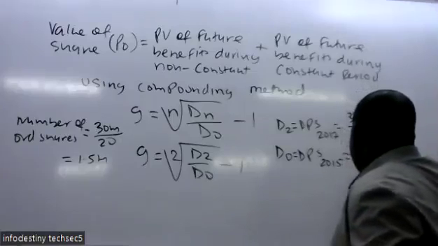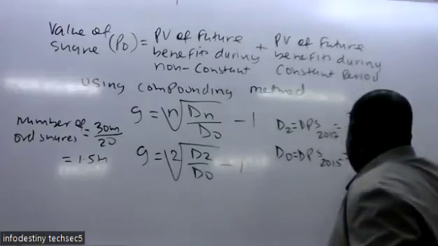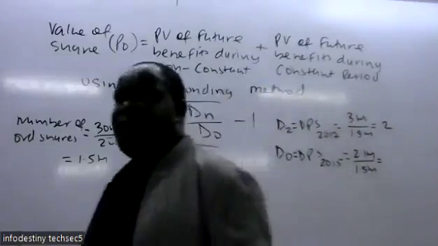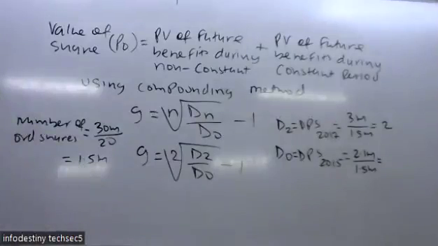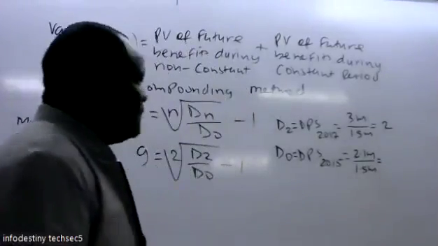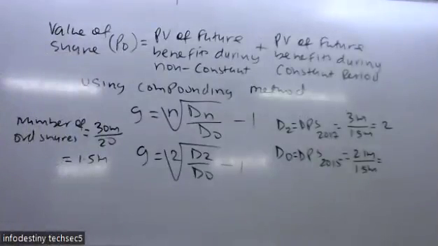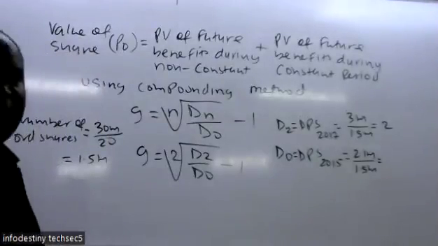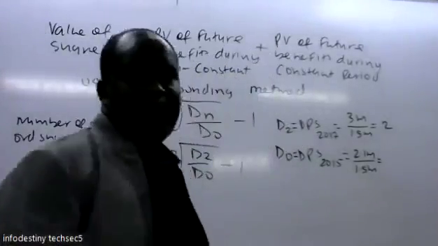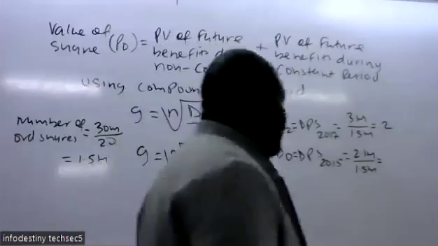So 2.1 million divided by also 1.5 million, because the number of ordinary shares is not changing. That will give you 1.4. So it's exactly 1.4.